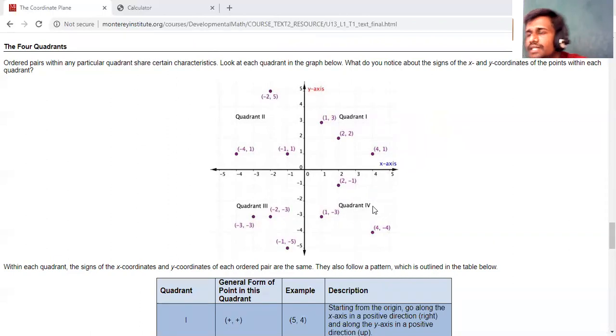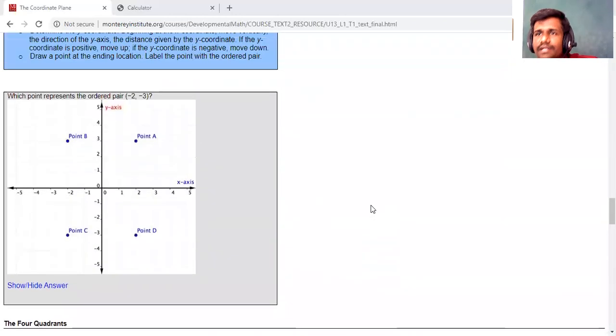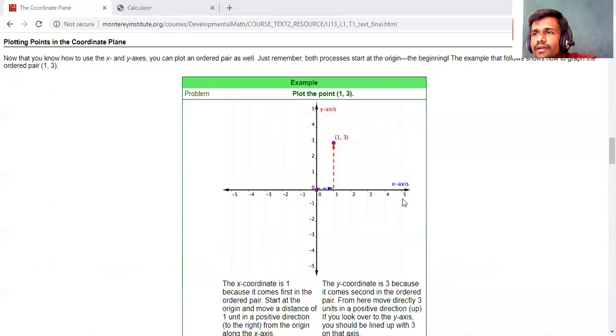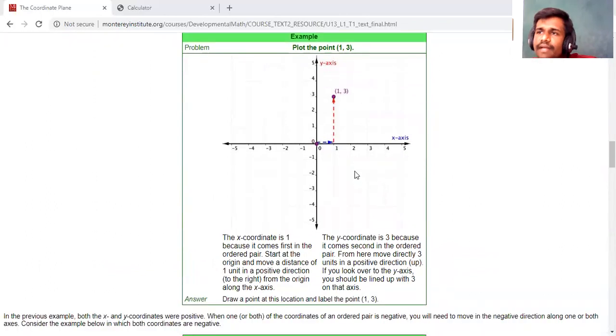And there are some special cases, children: a point on the y-axis and a point on the x-axis. How do we locate them? For example, (2, 0).